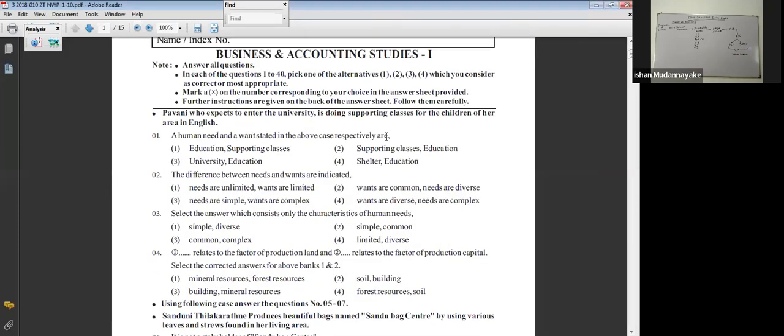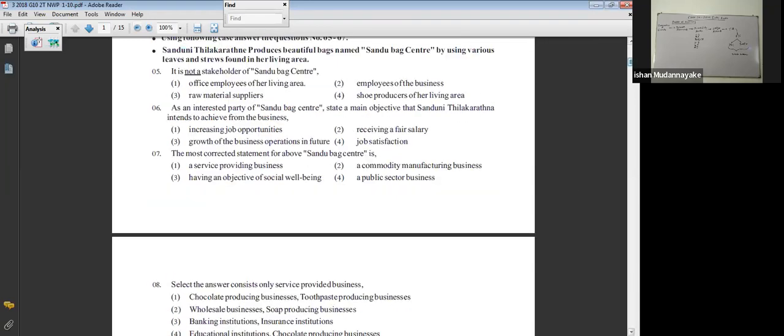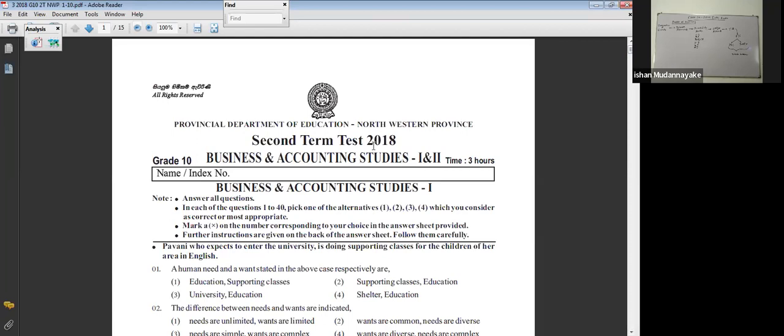Right, in this paper, set around Northwestern province. In your paper book, this should be paper 4. Write down paper 4 on this paper.